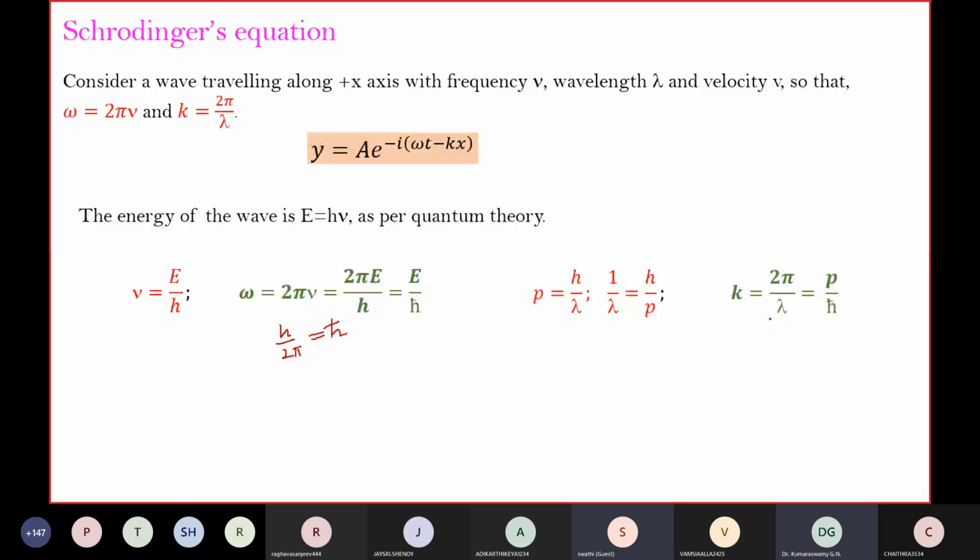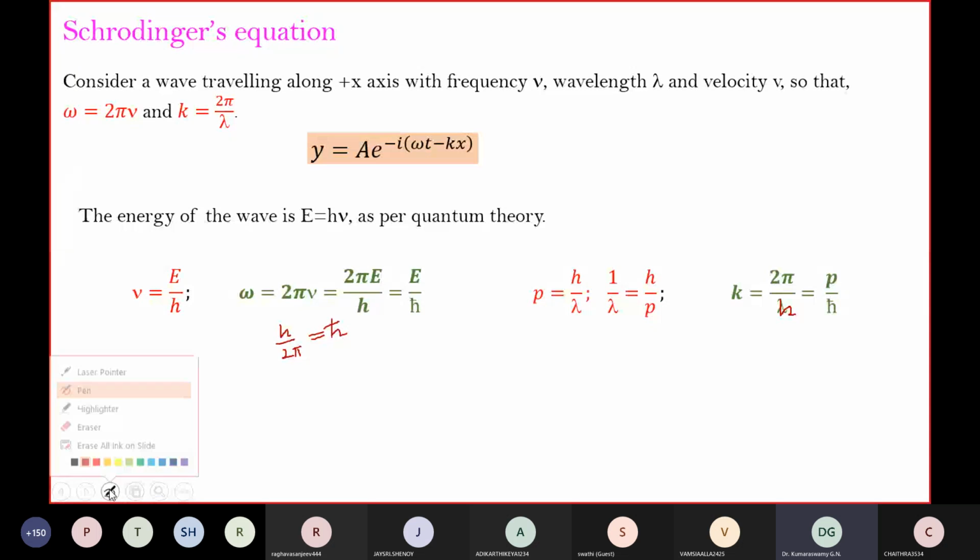Sorry, 1 by lambda is p by h. Wait, here it should be h. K is equal to 2 pi by lambda, that's right.